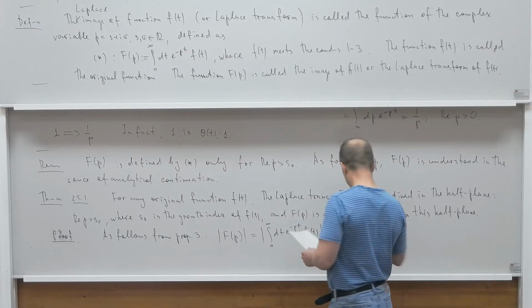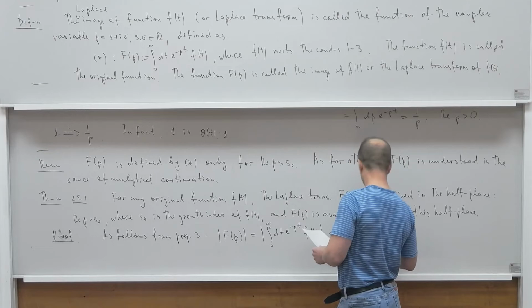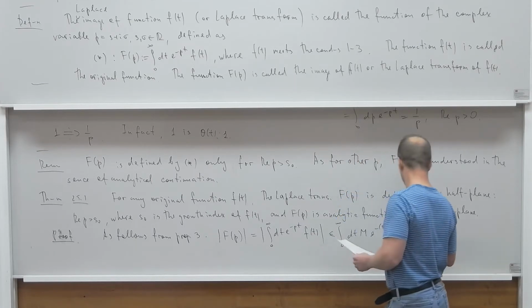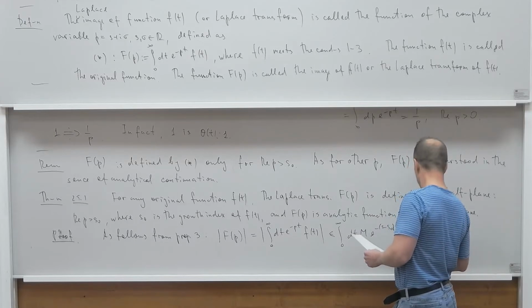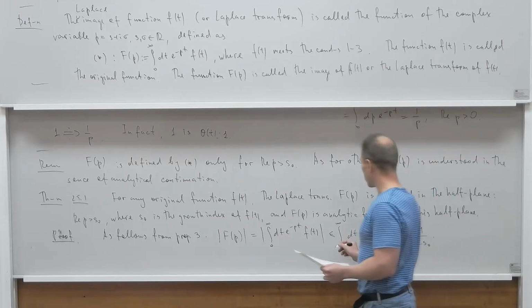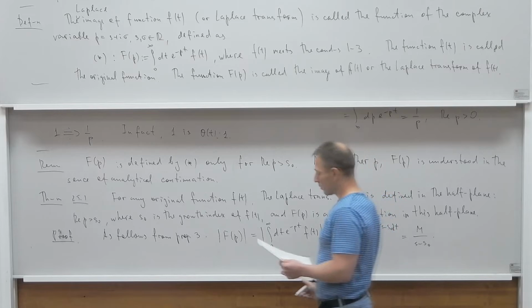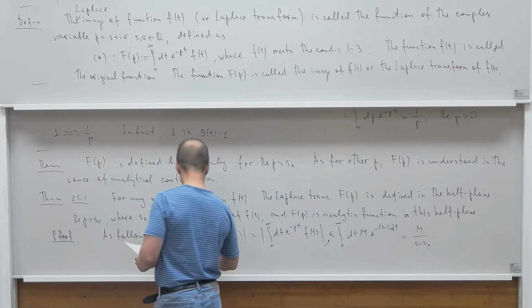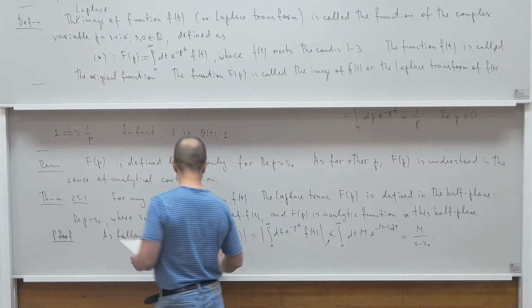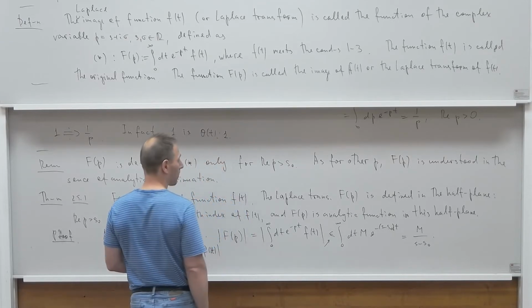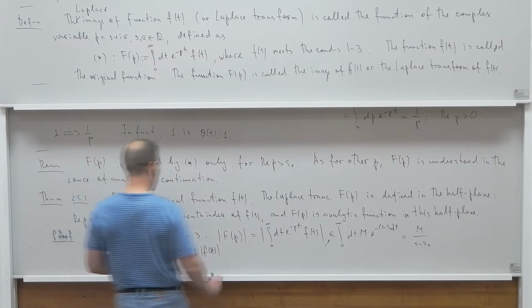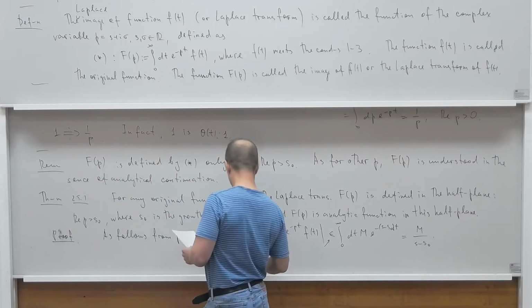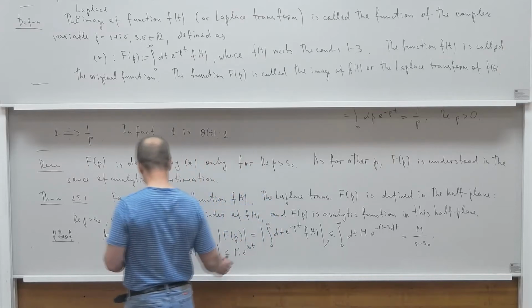Then we can write it is equal to the following expression, where we used the fact that the modulus of the original function is less than an exponential function of such a form.